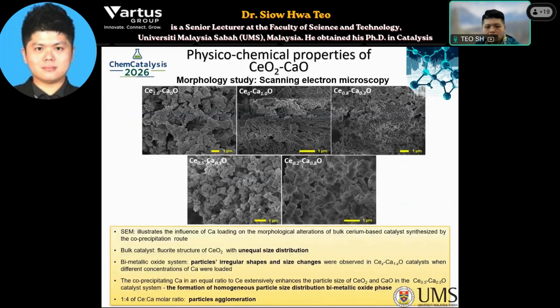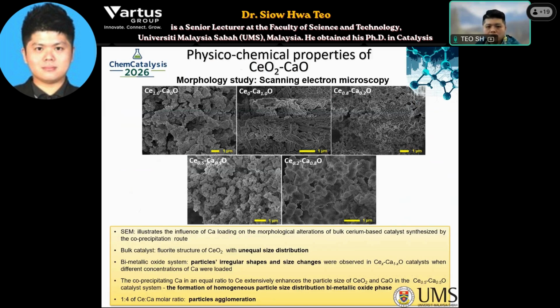Next, we examine the morphology of the synthesized catalysts using scanning electron microscopy. As shown in these images, the morphology of the catalyst changes significantly with the cerium to calcium ratio. The pure cerium oxide shows particles with irregular shapes and non-uniform size distribution.